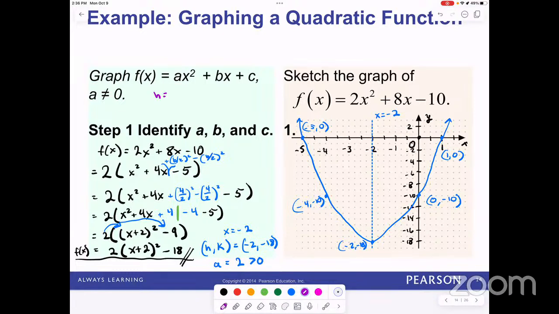That gives us the x coordinate of our vertex. And then if we want the y coordinate of our vertex, which is our k, we're going to say f of h. So whatever answer we get, we're going to pass it through the function. Then once we have the coordinates of the vertex, that's also going to give us our axis of symmetry. Then we can find our x and y intercepts and use the axis of symmetry to generate a few points on either side and then connect them with the smooth curve, right? So that's the vertex formula.